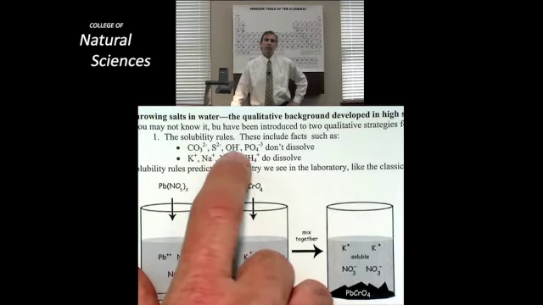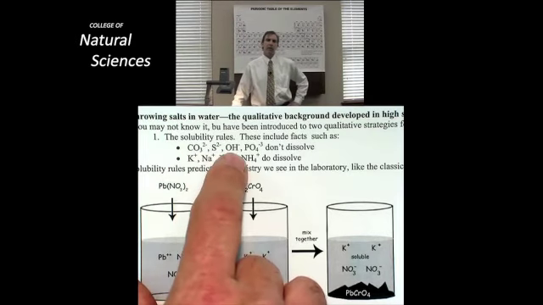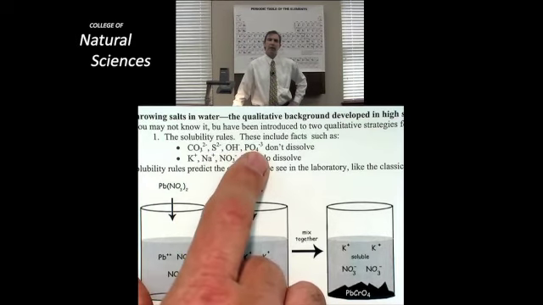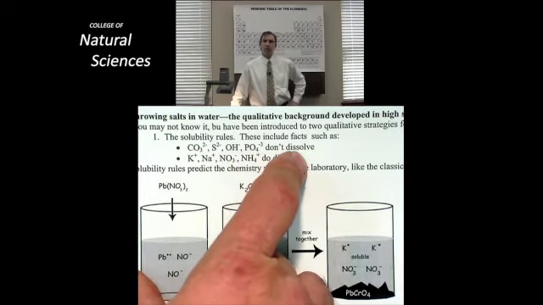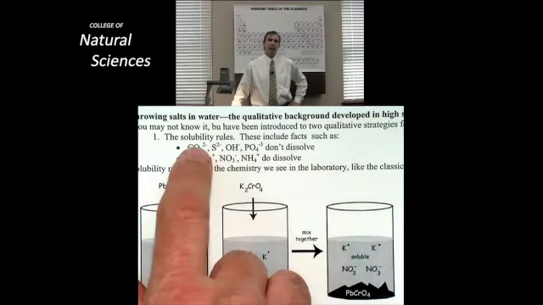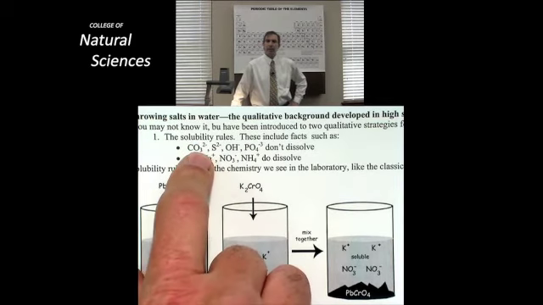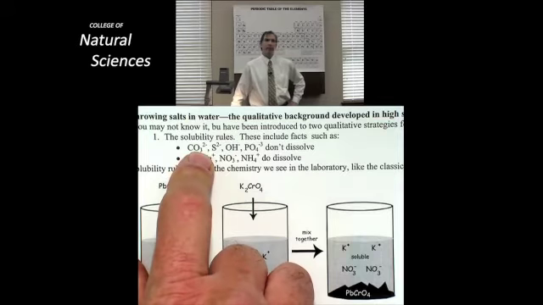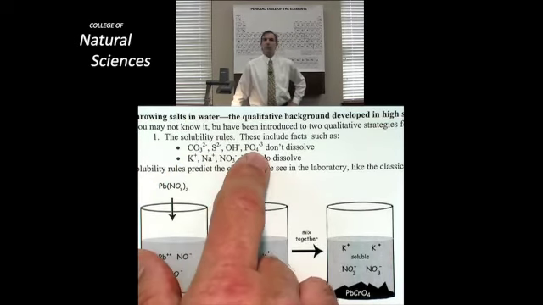But what I learned were things like this. The carbonate ion, sulfide ions, hydroxide ions, phosphate ions did not tend to dissolve when thrown as salts into water. So if I had a compound that was like calcium and I combined it with carbonate, calcium carbonate, it wasn't going to dissolve in water. Calcium phosphate, it wasn't going to dissolve in water.